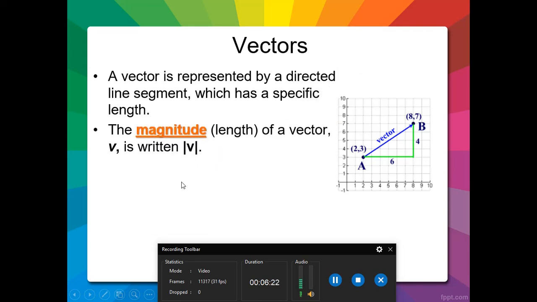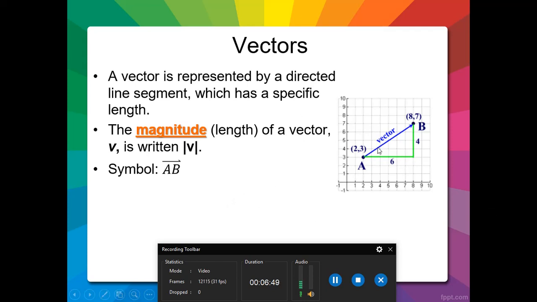So this is the magnitude of the vector, calculating the length. We do write it as the absolute value. So it doesn't matter if I was traveling from A to B in a positive sloping motion, or if I was traveling from B to A. We want to use the absolute value of the distance. And there's the symbol for vector AB. So we know that we're traveling from A to B.